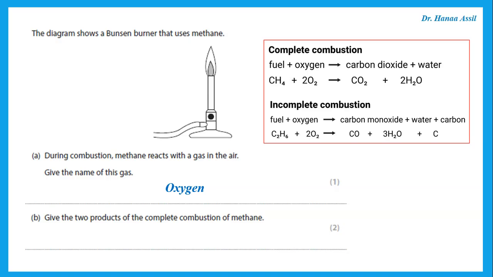But if we have complete combustion, it gives carbon dioxide and water. Incomplete, we said this happens in a limited supply of oxygen. If we don't have enough oxygen, then instead of carbon dioxide, it gives carbon monoxide and water, and sometimes it also gives carbon.